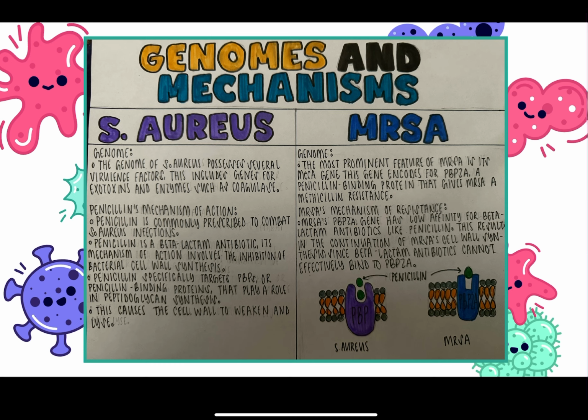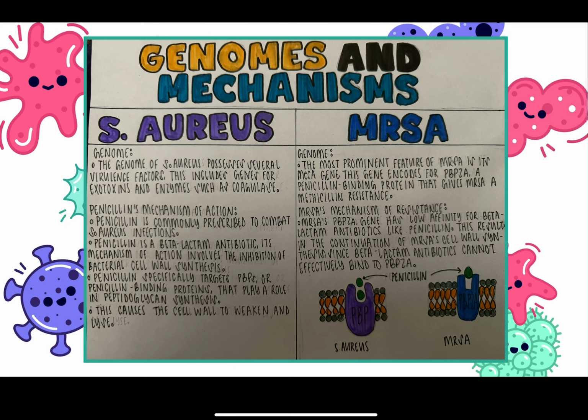So penicillin is a beta-lactam antibiotic, and its mechanism of action involves the inhibition of bacterial cell wall synthesis. Penicillin specifically targets PBPs, or penicillin binding proteins, that play a role in peptidoglycan synthesis. So when this happens, the cell wall becomes weakened and it lyses.